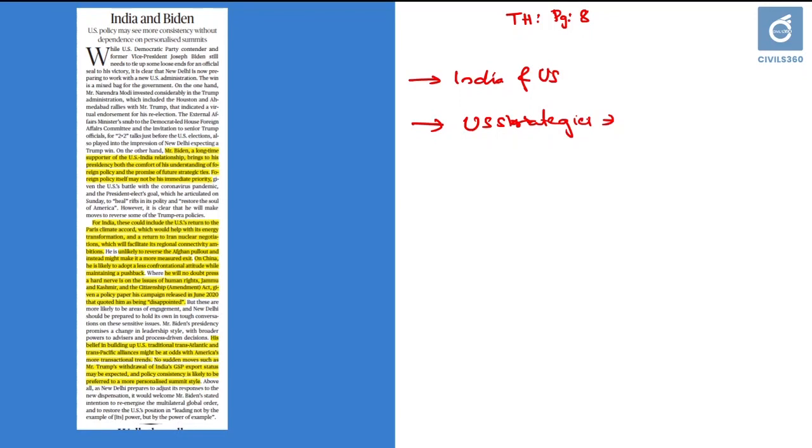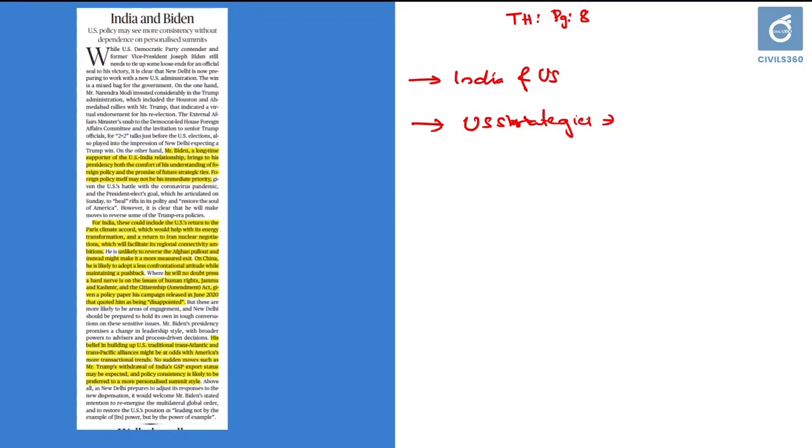For example, there is an issue of GSP, then there is an issue of trade between India and America. There are larger issues such as in US-Iran relations. There is issues such as transatlantic partnerships. All these should be understood.